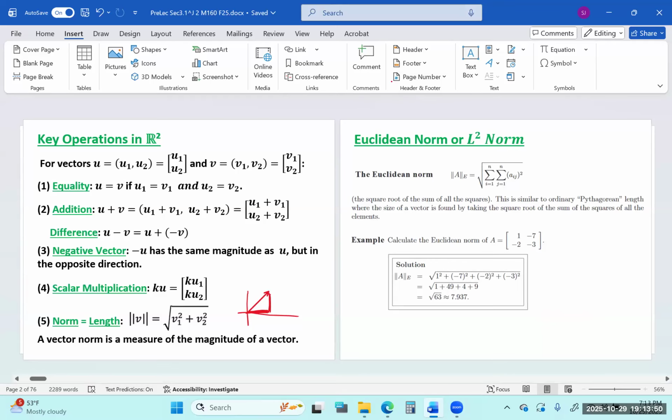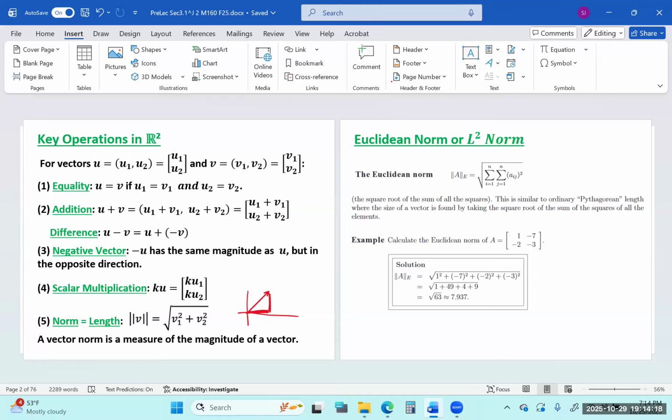So there are three types of norm we have. One is L2, which is the Euclidean norm. And in the Euclidean norm, to find the norm, we just take the square root of each element squared. So this equation is the same as this one. This is a fancy way of writing the same thing.